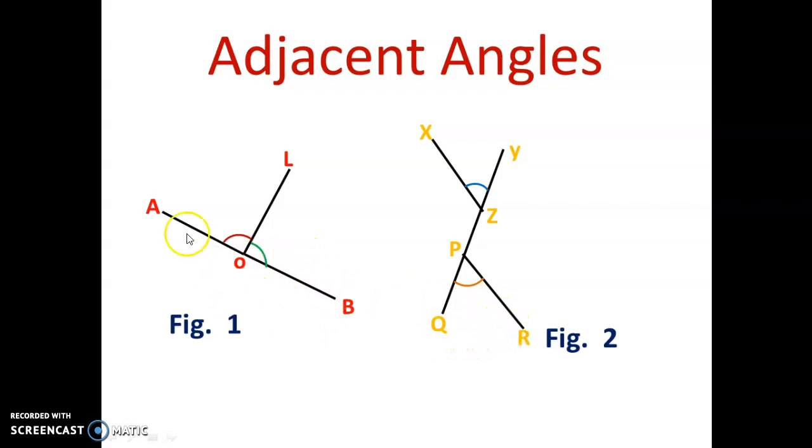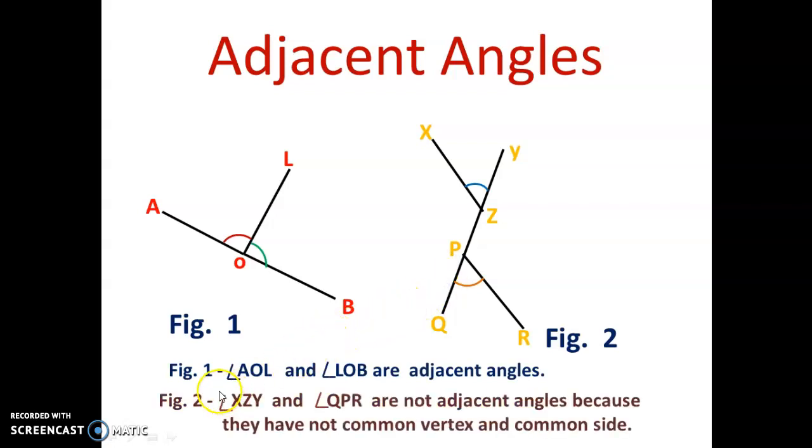We can see in figure number 1, angle LOA and angle LOB are adjacent because they are sharing side OL and common vertex O. But in figure number 2, angle XZY and angle QPR have separate vertices and separate sides. So they are not adjacent angles. So this is the distinction of adjacent angles.